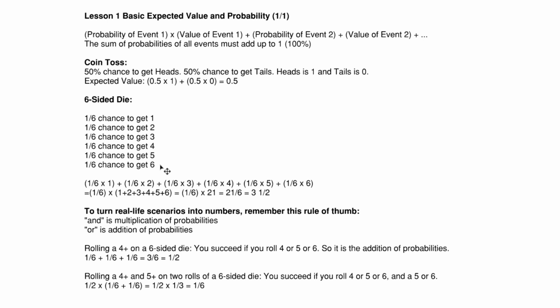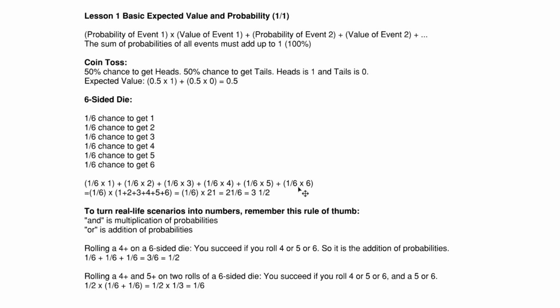So when you put it into the formula, you have 1/6 times 1 plus 1/6 times 2 plus 1/6 times 3 plus 1/6 times 4 plus 1/6 times 5 plus 1/6 times 6.